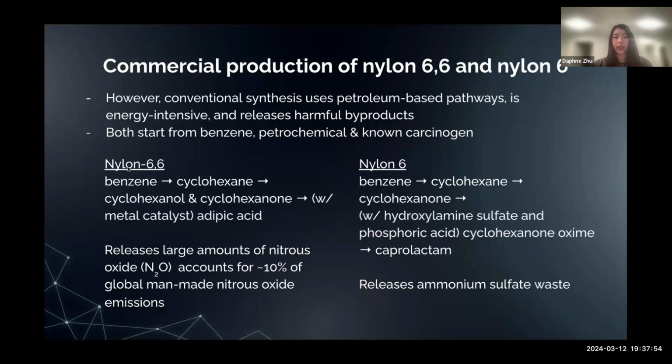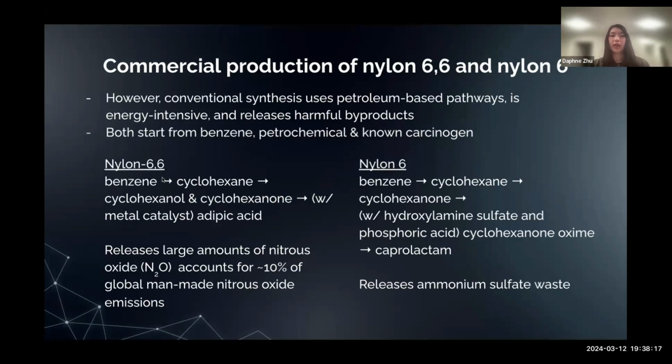And for nylon 6,6, benzene is converted to cyclohexane, and then to a mixture of cyclohexanol and cyclohexanone, and that is converted to adipic acid with a metal catalyst. This can include copper, vanadium, zinc, and lead, and especially for lead, it can be toxic.